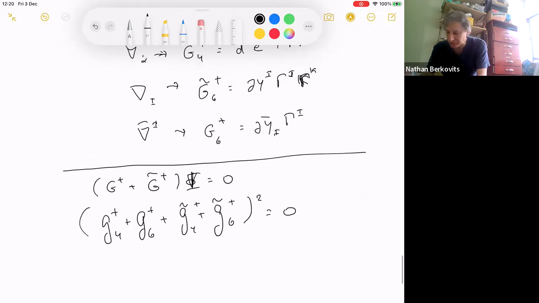So G tilde 4 plus, G4 plus is equal to e to the minus phi 0 G4 plus e to the phi 0.